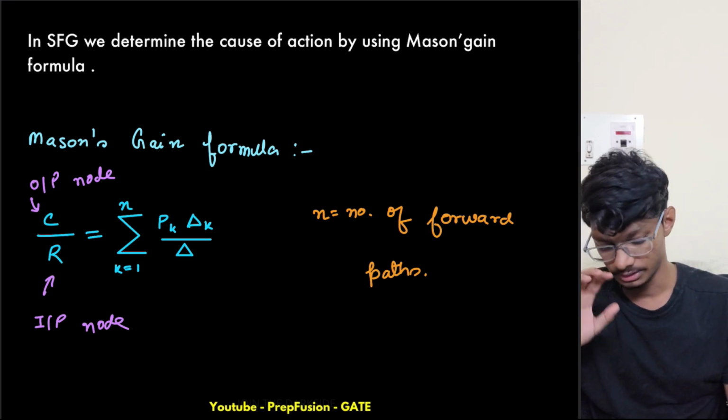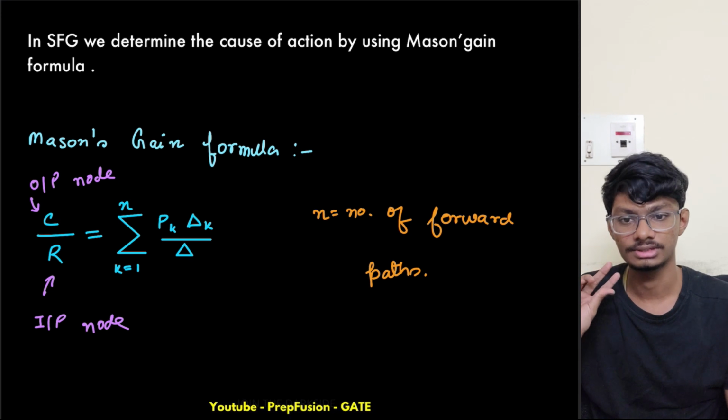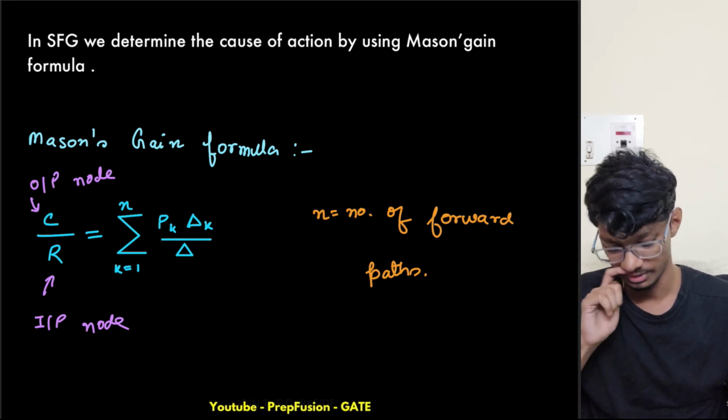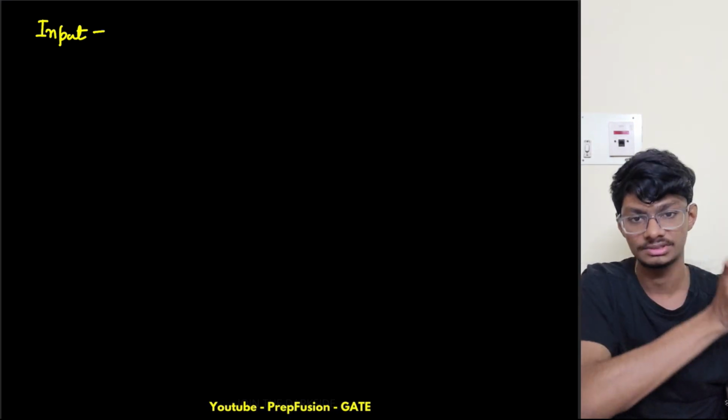I will explain every term bit by bit. First let me explain what input means. Input means the node which has only outgoing branches present from it.